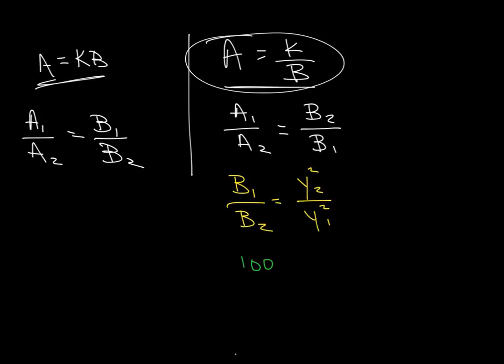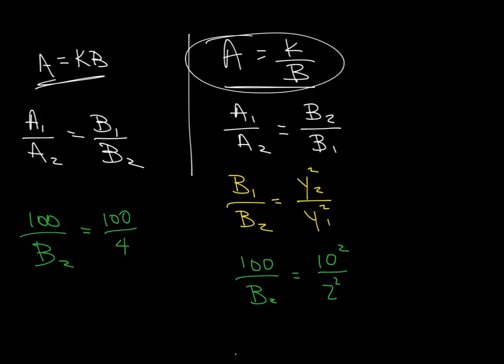Alright, so let's plug in some numbers. 100 is our blue. Our second B is what we're looking for. And we have how many yellows? 10. That's our y2, and it's squared over. And our y1 is 2, and that's squared. So this is going to be, let's do it over here on the left, 100 over b2 equals 100 over 4.